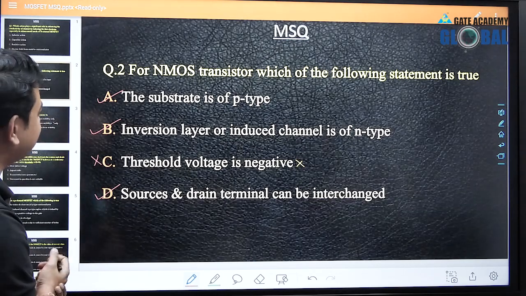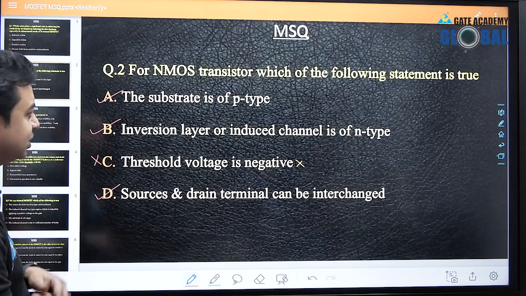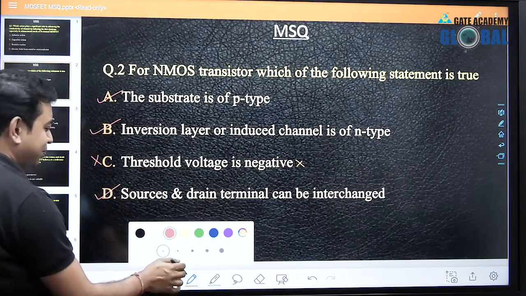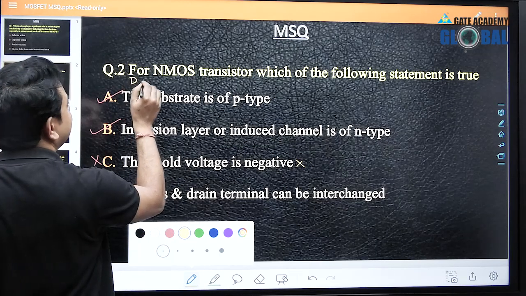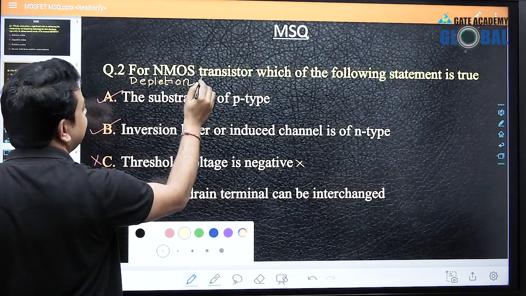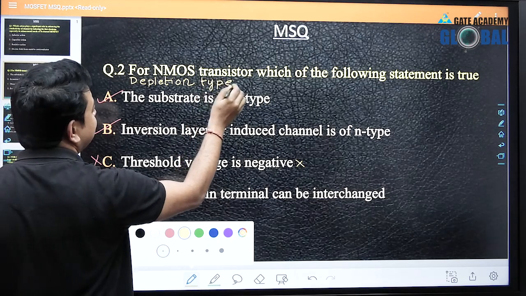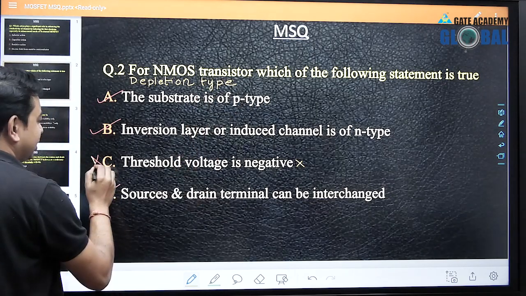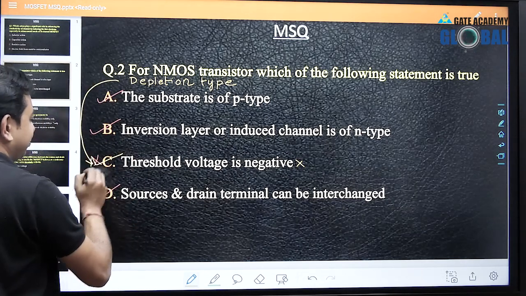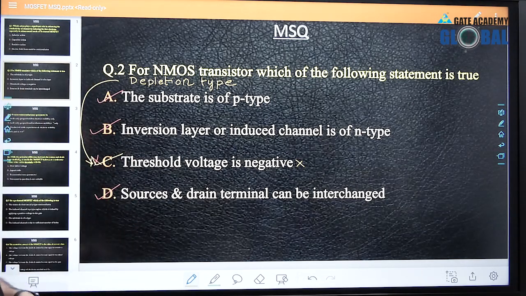So in this MSQ, only options A, B, C are correct. But if they mention that this is a depletion type MOSFET, then we must take care that the threshold voltage is negative. This is also correct then.